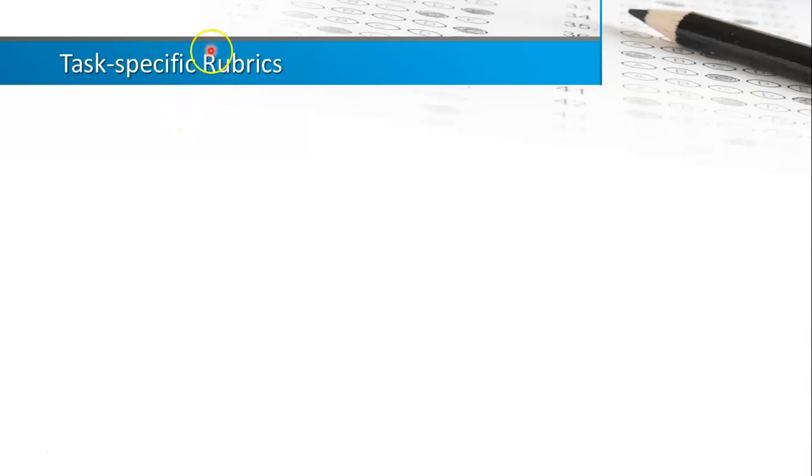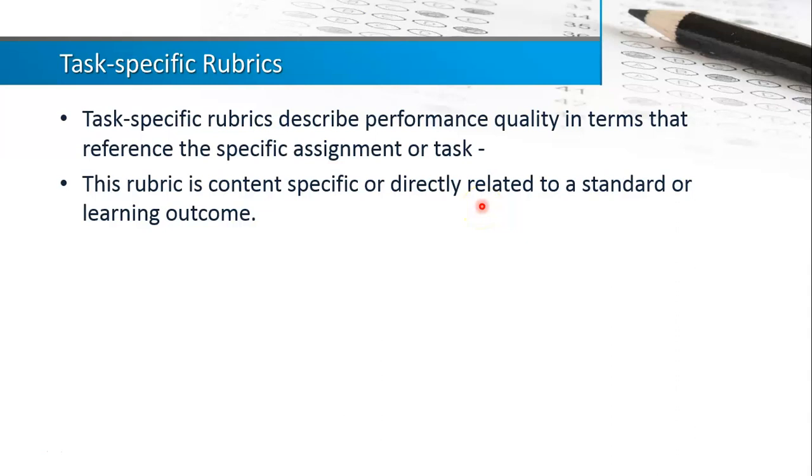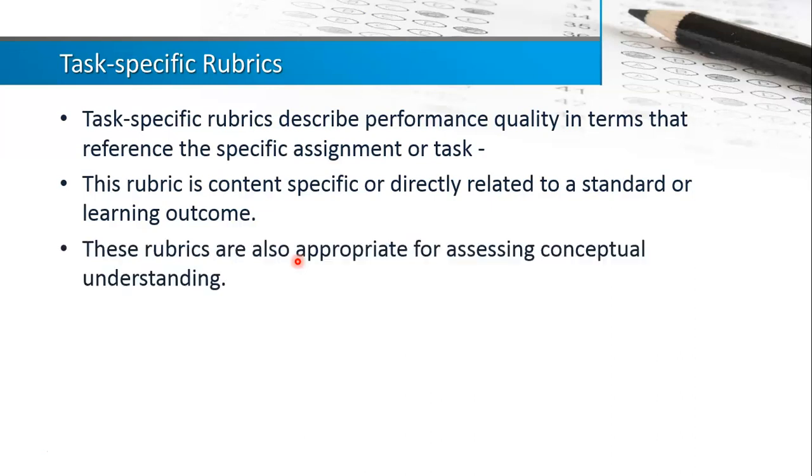Then the next one is task specific. So task specific is normally content specific or directly related to the standard of learning outcome. So it is specific to a certain thing. So usually task specific can only be used for certain topics.